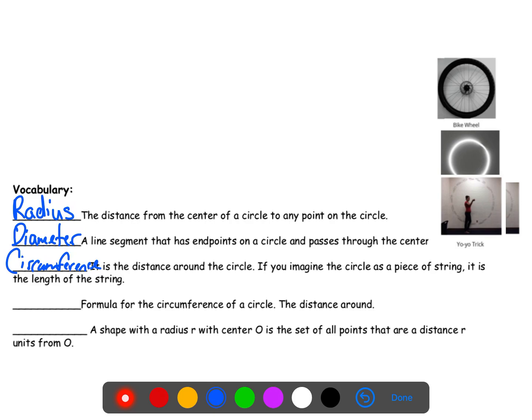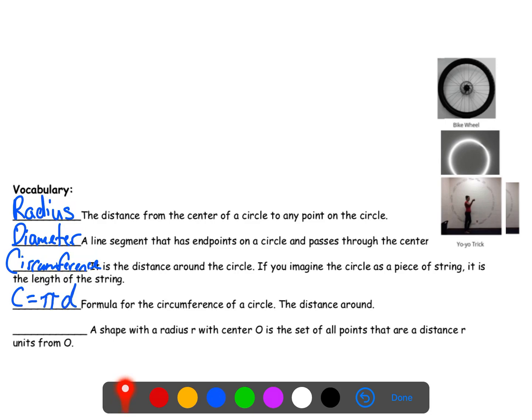All right, now we do have a formula for circumference, and we will talk much more about this with our next lesson. But the formula for the circumference of a circle, one that you're going to need to know, is circumference equals pi times diameter.